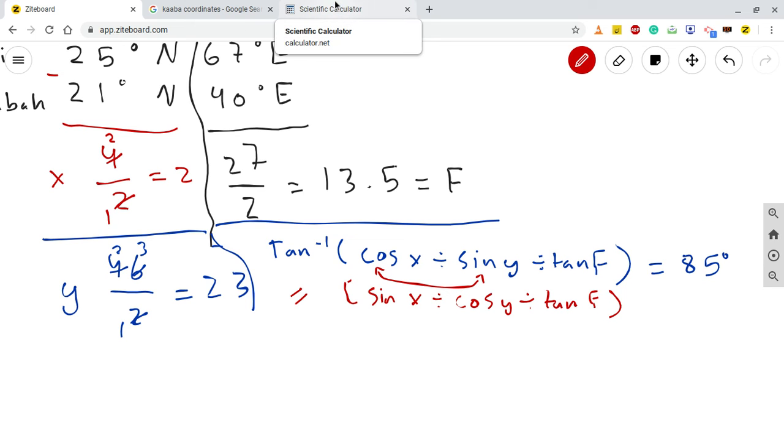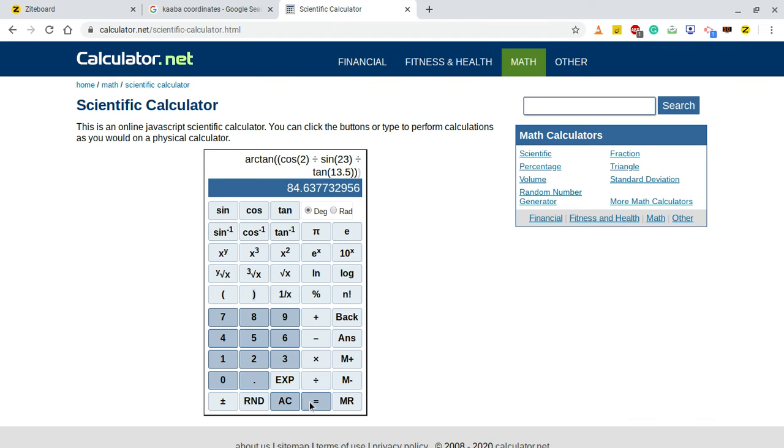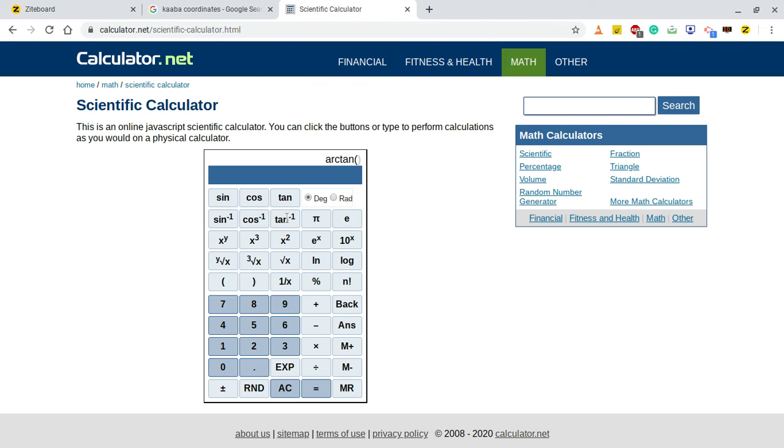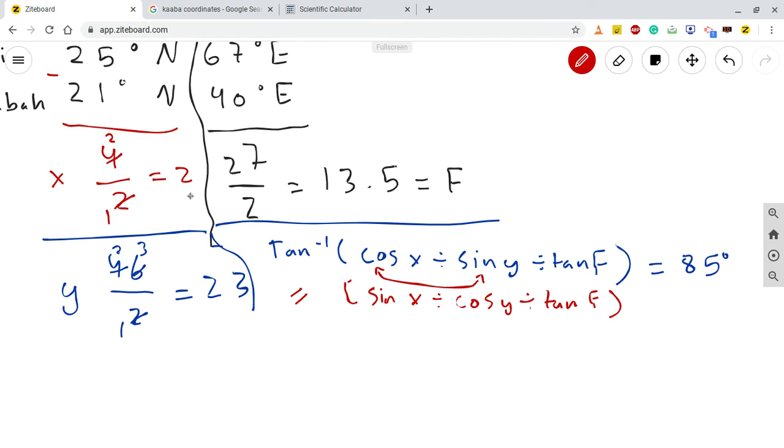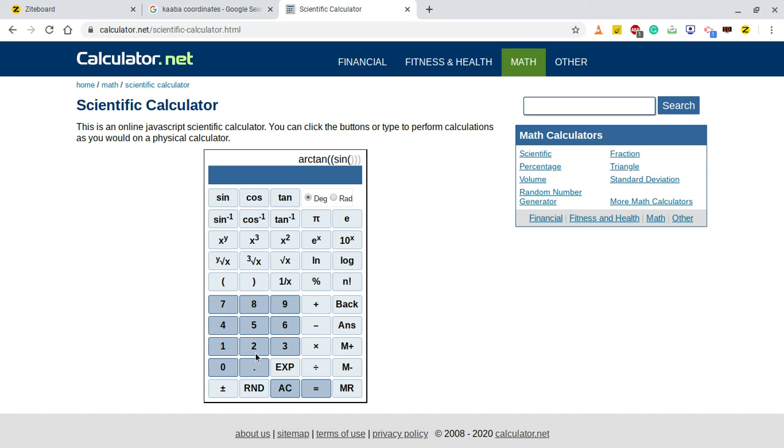So let's do it. Inverse tangent, then brackets, and first we did cos, so now we are doing sine x, and x is 2, so say 2, and then we'll close the brackets and divide it.